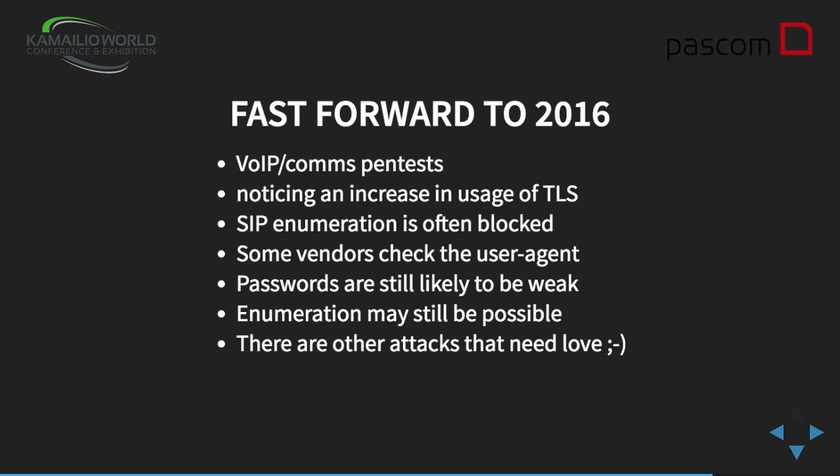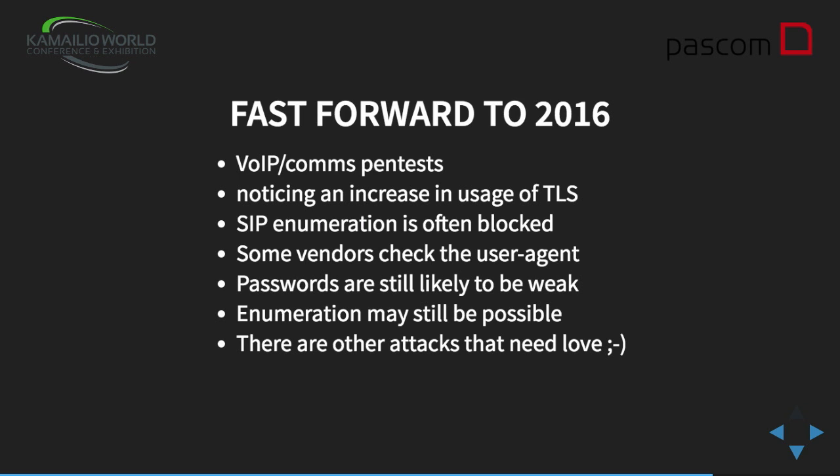So this year I had some voice over IP penetration tests, and I decided to use that to do a rewrite. I started noticing a lot of TLS now compared to the previous years. SIP enumeration is a lot of times blocked, so you have to look at other ways to know which extensions are valid.